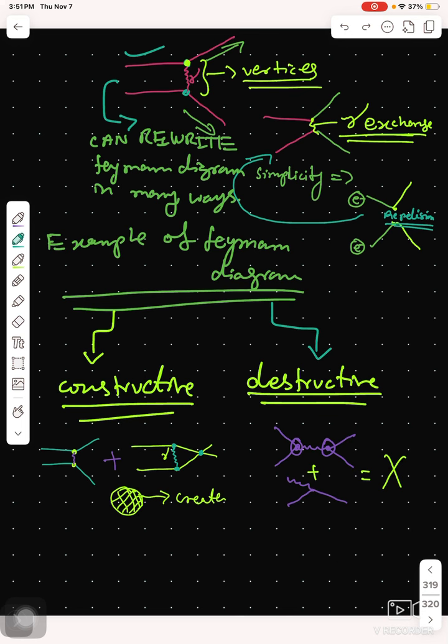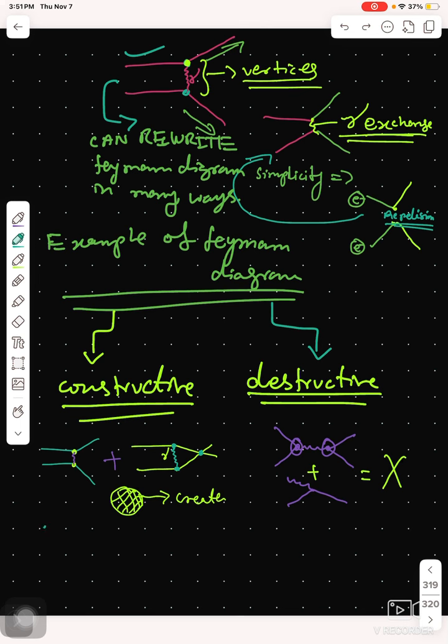One important thing in Feynman diagrams is that when we superpose them, they give a certain probability.